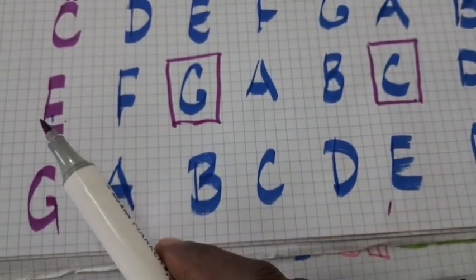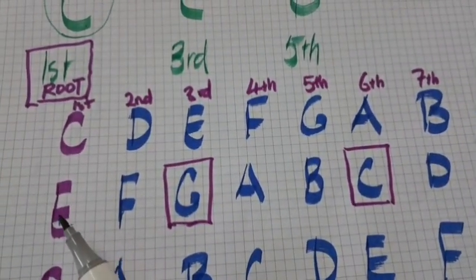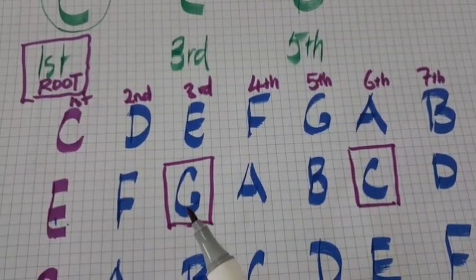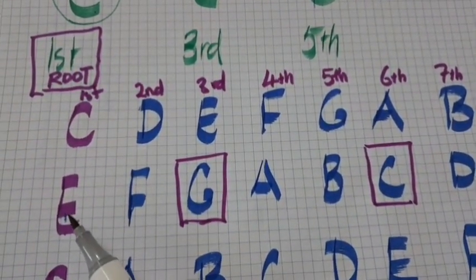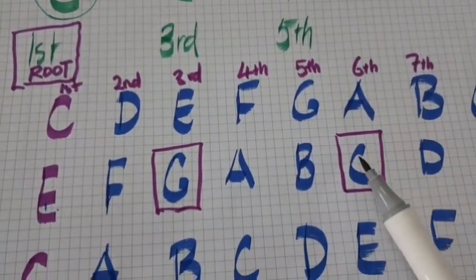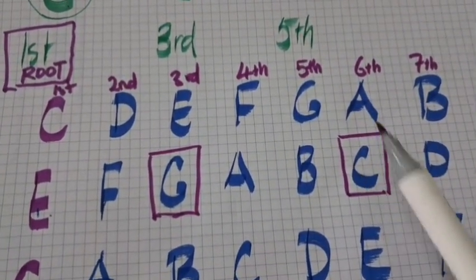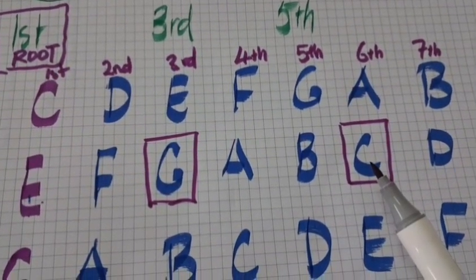Now we are looking for C, E, and G. But the position is E is first, G is third, and the C, which is the principal key, is now the sixth. It's in the sixth position.